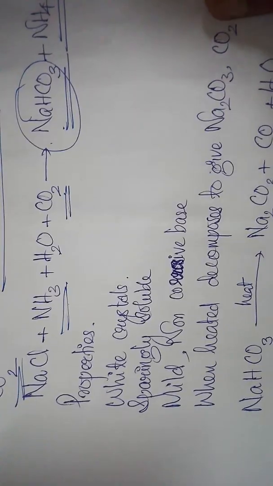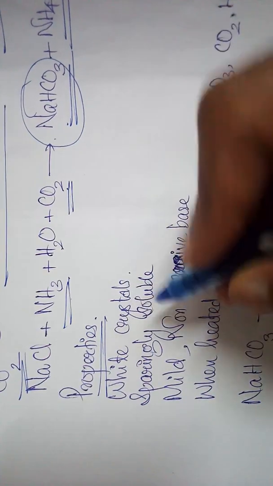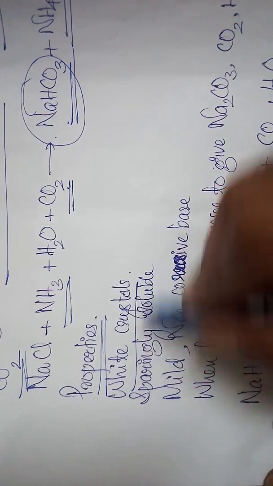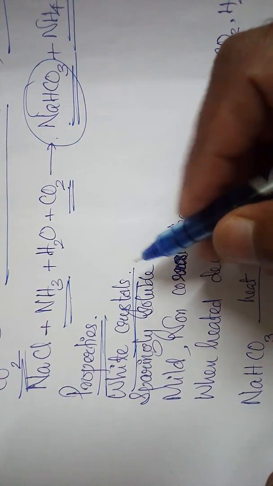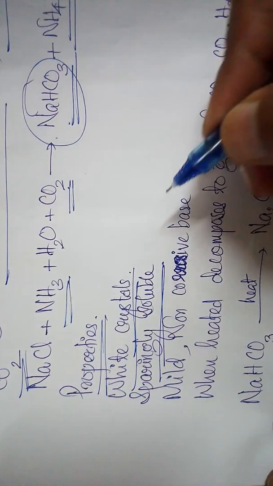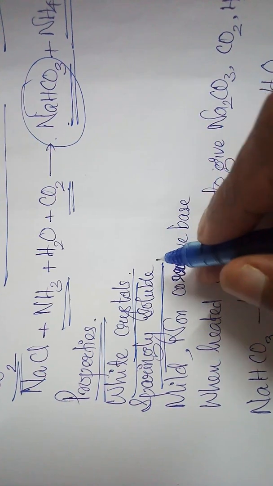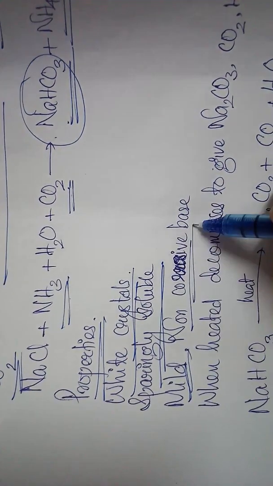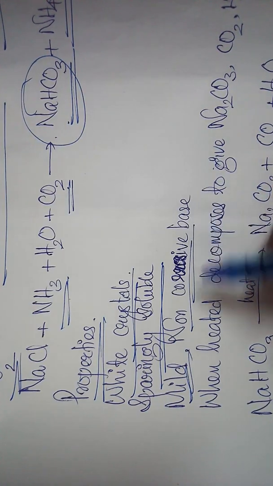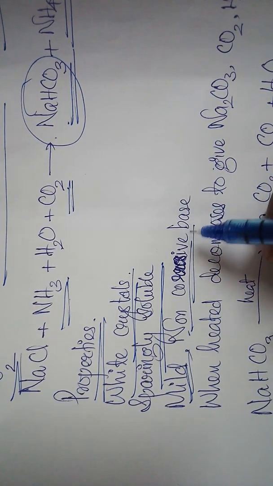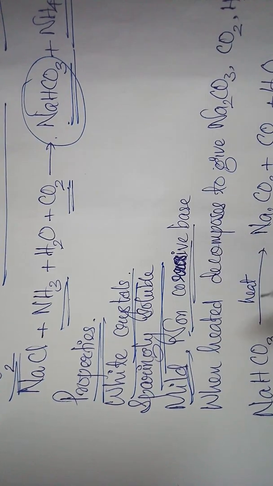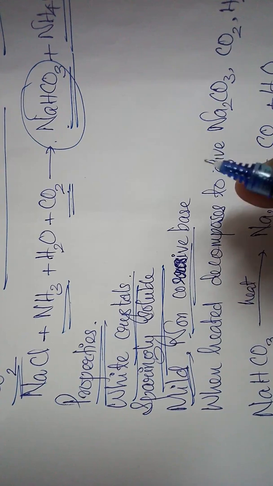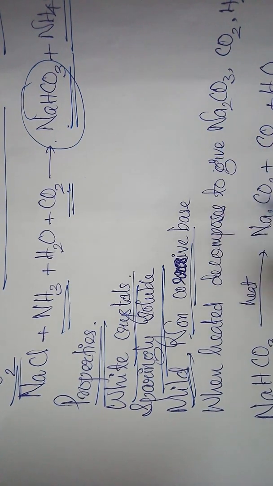Now we have to refer to the properties of sodium hydrogen carbonate. Sodium hydrogen carbonate is white crystals. It is sparingly soluble in water. It is a mild and non-corrosive base. The solution of sodium hydrogen carbonate in water is mildly alkaline.